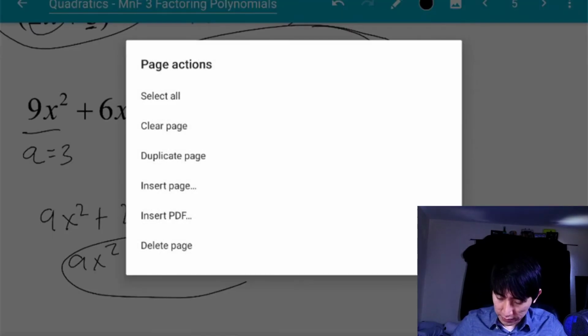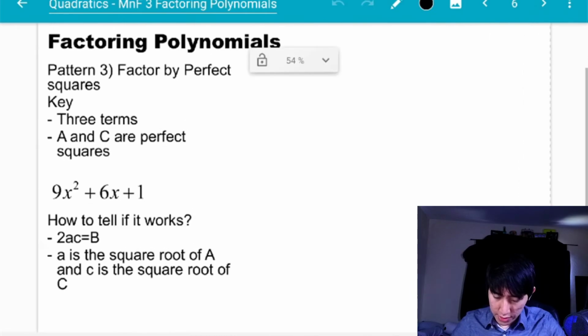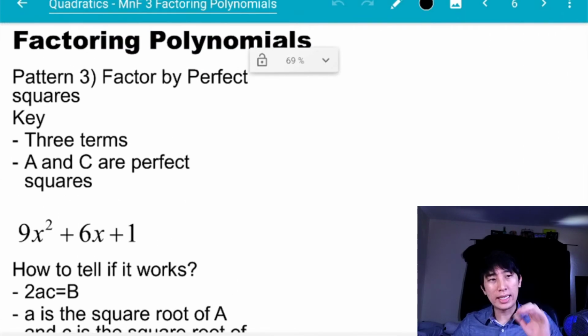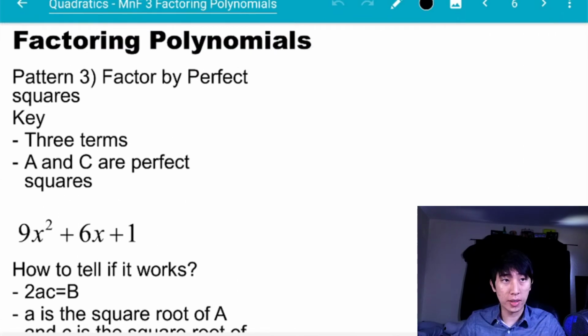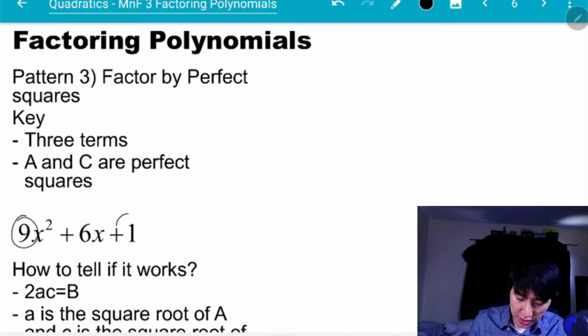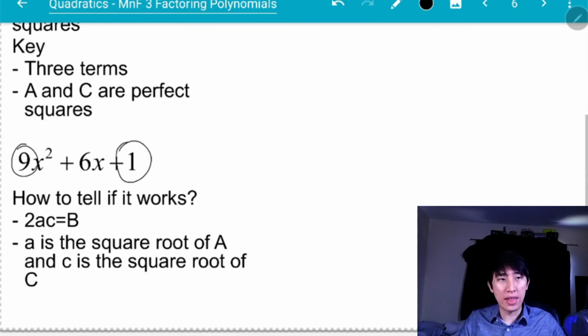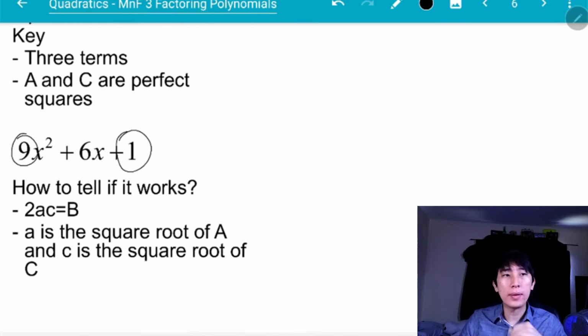So again, the main thing: whenever I see 3 terms and my A and C are perfect squares, meaning this is a perfect square and this is a perfect square, then we just test it. The way we test it is we go 2ac should equal B. Not 9 times 1 though.